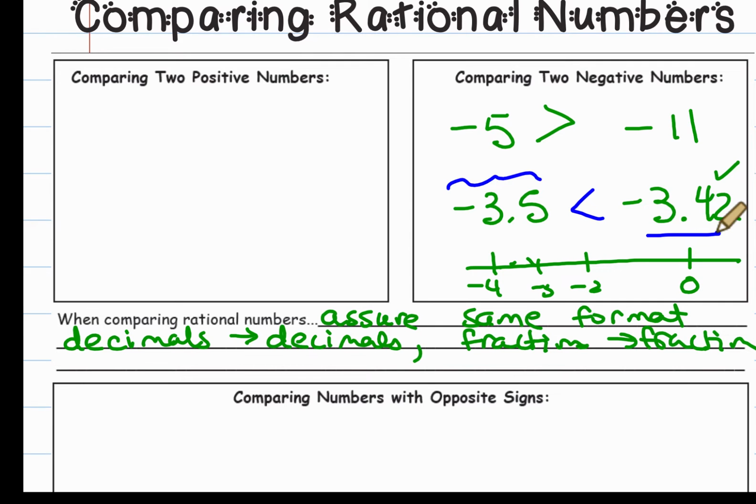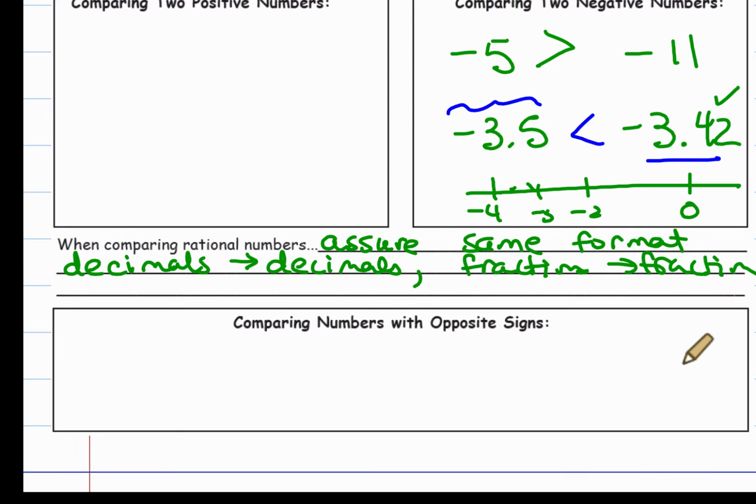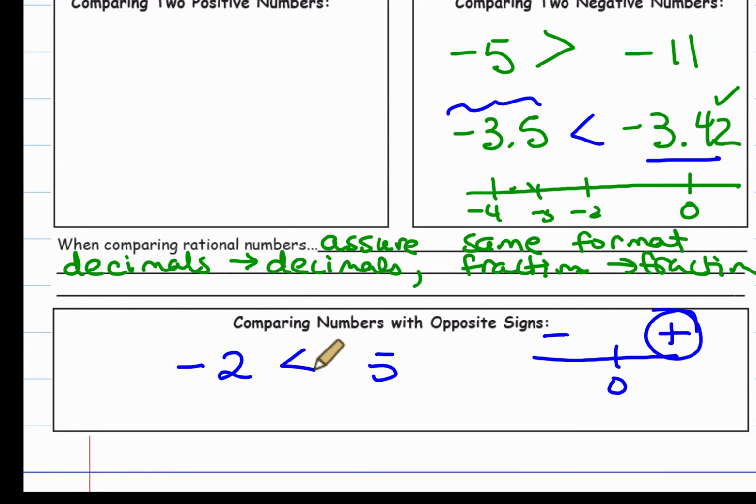Now, if they have different signs, -2 compared to 5, for example, how do I compare them? Well, on a number line, here's 0. This is all the positive numbers. This is all the negative numbers. Anytime we have a positive number, it's always going to be greater. So -2 definitely has to be less than 5.